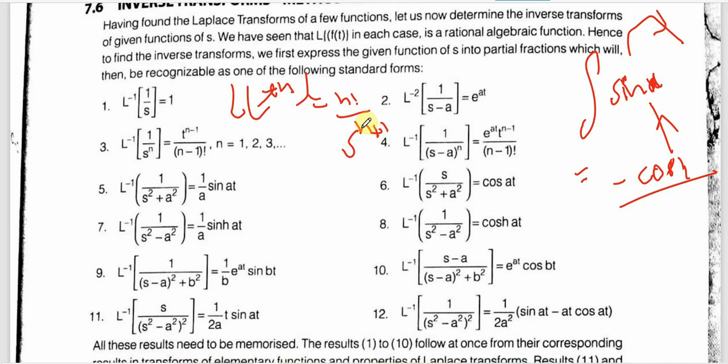So if it is asking for the Laplace inverse of s to the power n, we have to reduce 1 in the upper part, so t to the power n minus 1. Very easy formula.